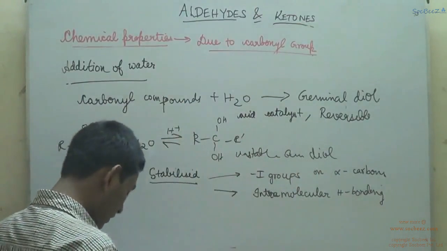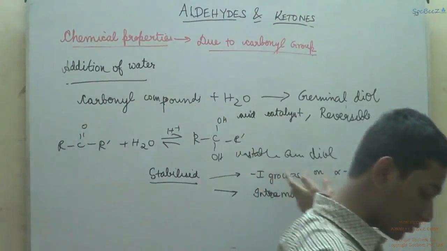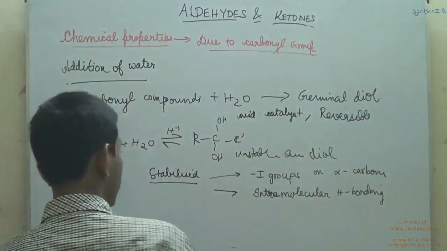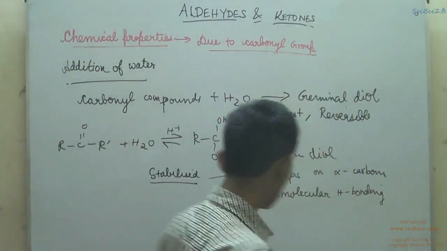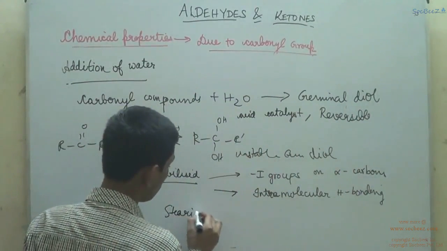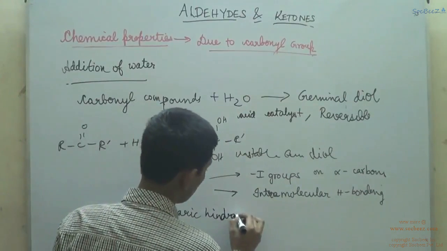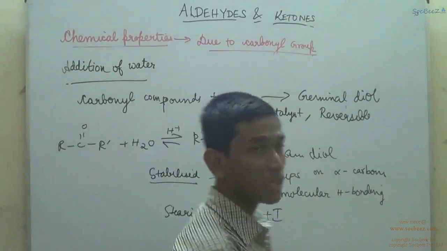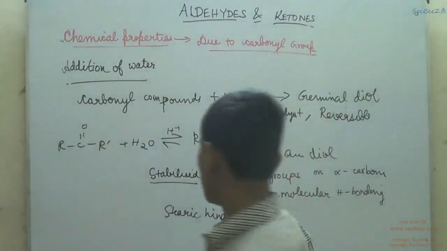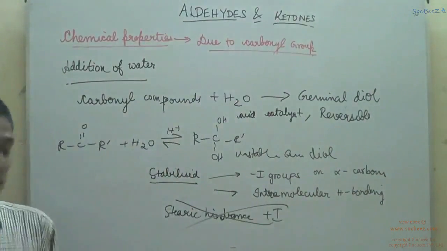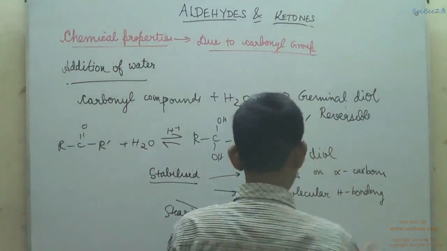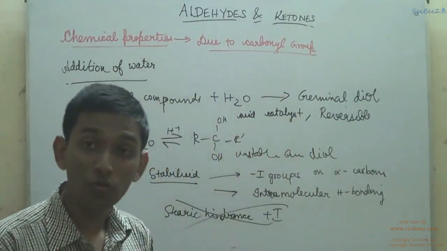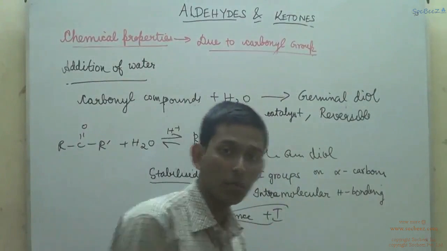Whereas the stability is decreased if you have +I groups around the carbon atom. If there is steric hindrance due to +I groups around the alpha carbon of the carbonyl compound, then the gem diol is not stabilized, whereas it's stabilized if it's exactly the opposite, that is -I groups present on the alpha carbon, and if there is intramolecular hydrogen bonding, that is hydrogen bonding in the same molecule.